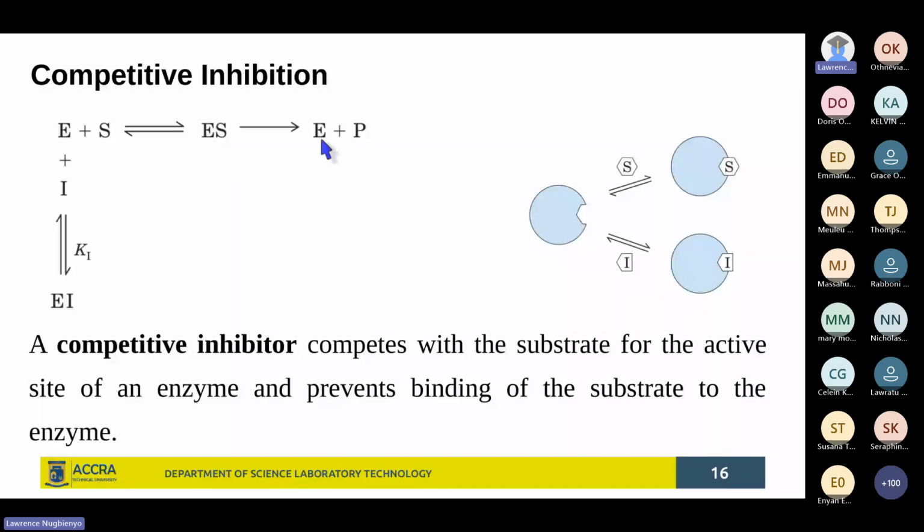That reaction is prevented from occurring because the inhibitor competes for that active site, binds to it, and prevents the substrate from binding to the active site.